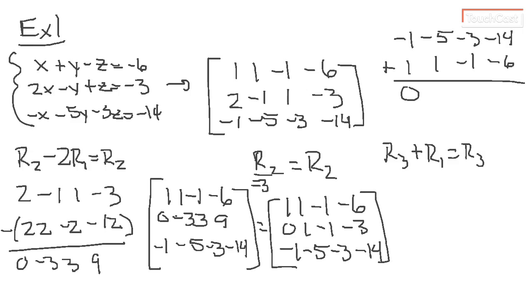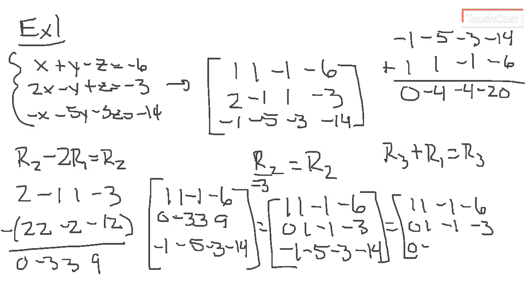I'm going to end up with a 0, a negative 4, another negative 4, and a negative 20. So my new equivalent matrix, 1, 1, negative 1, negative 6, 0, 1, negative 3, and 0, negative 4, negative 4, negative 20. So I've run out of space, so I'm going to just rewrite this new matrix on a new screen so we can continue with our operations.